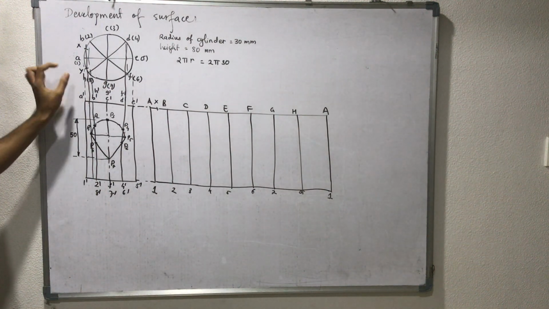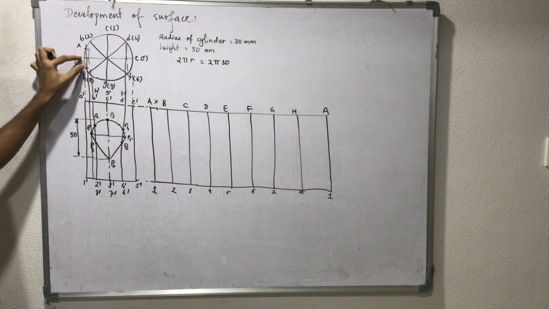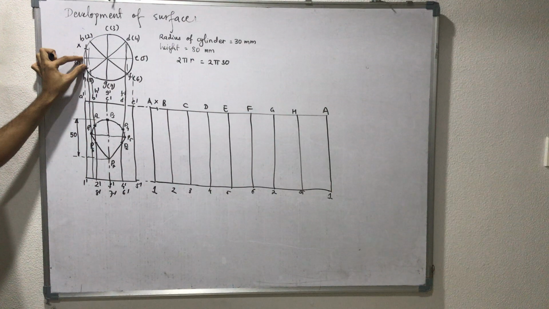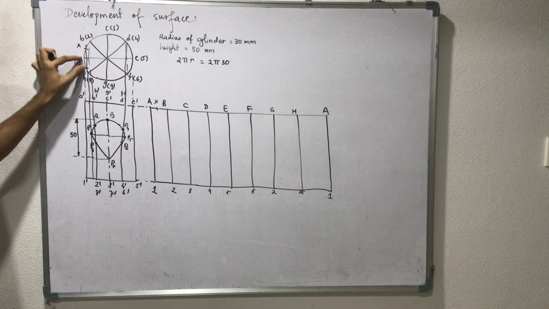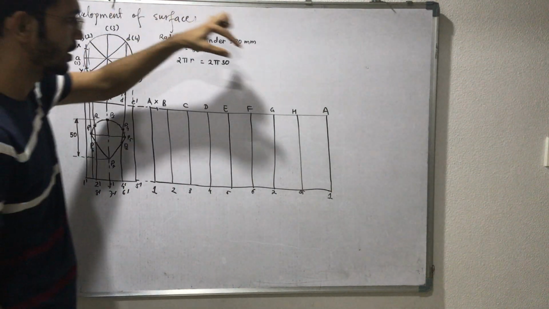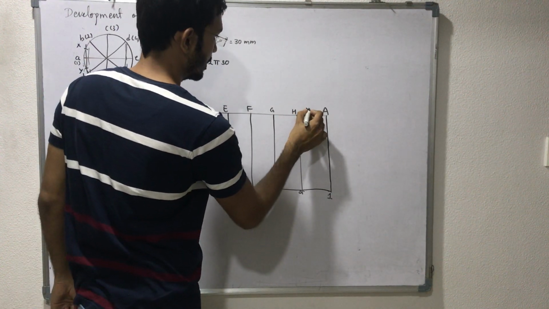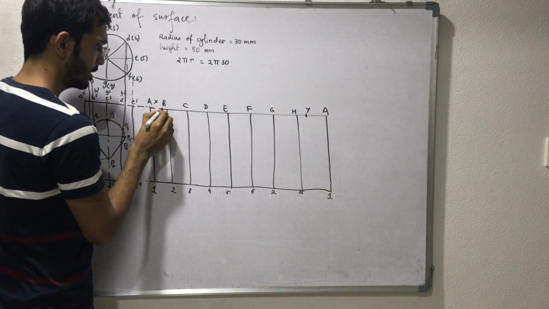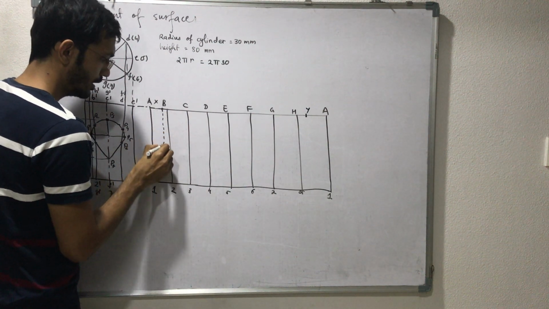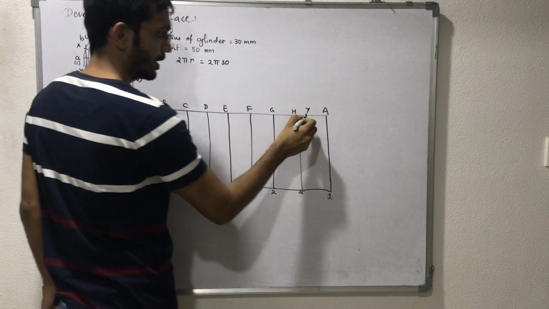Likewise, where is the Y point? Between AH, not at the center point. So on the A to H side that is the Y point, and this one is the X point. So I will extend the extra line.